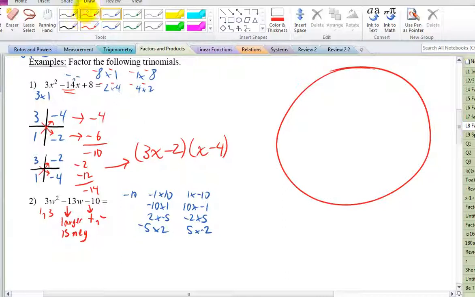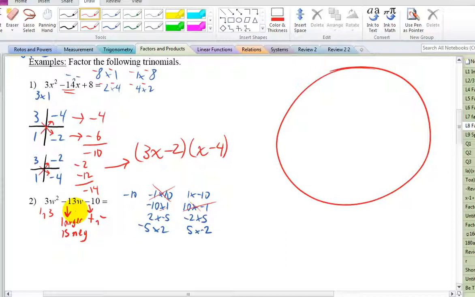But which ones do we not have to be concerned about because of the middle sum? Well, we don't have to be concerned about this one because the smaller number is negative. Right? That'll never give us a negative 13. Ever. This one here we can try. This one we can cross off because the one's negative. Can't have that.